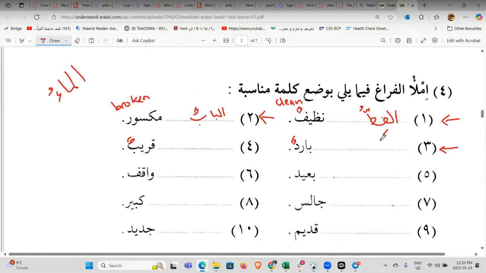So here we have al-ma'u baridun and al-masjidu qaribun. How to write with a mouse? Al-masjidu qaribun. The mosque is near. Next we have Adam.